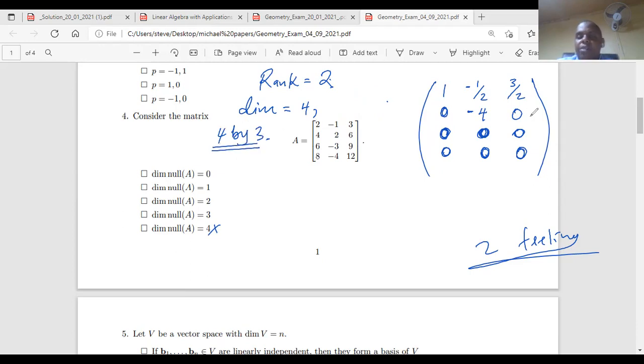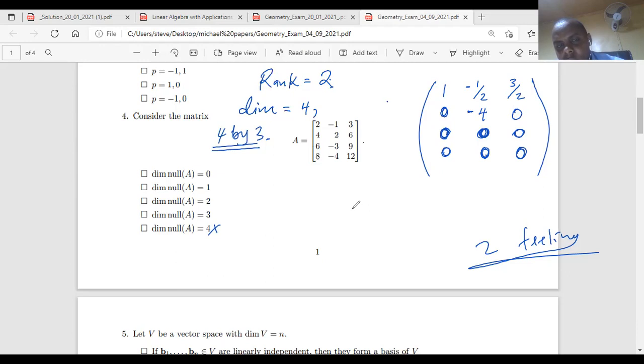Why don't we solve this? If we get 2 different solutions, then the dimension is going to be 2. If we get 1 different solution... So we know that x minus a half y plus 3 halves z equals 0, and minus 4y equals 0.